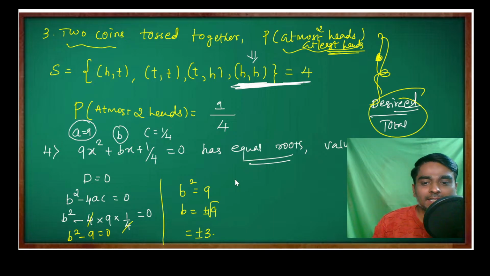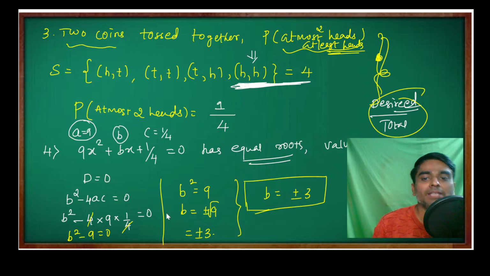Now let's focus here. What is the value of b? b is equal to plus or minus 3. b is equal to what? Plus or minus 3. So here you may be getting confused, right? b must be 3 or b must not be minus 3.